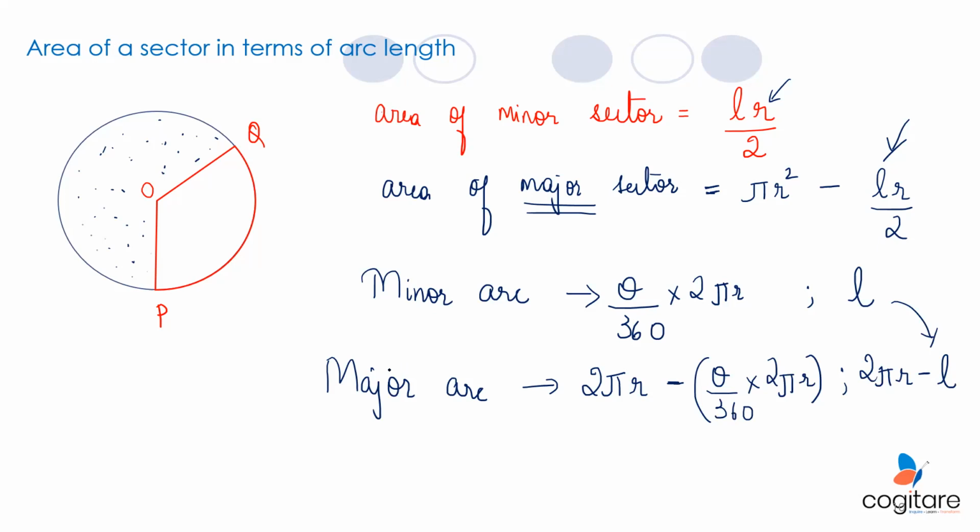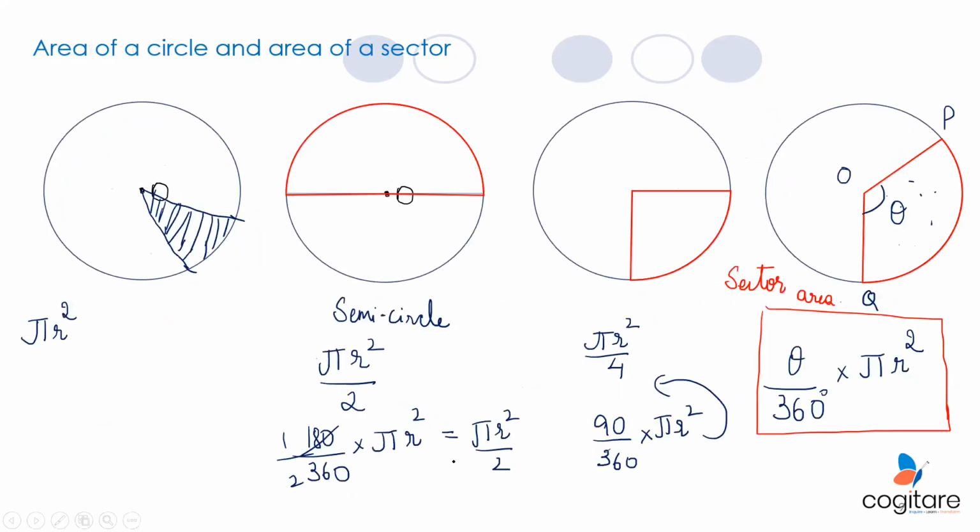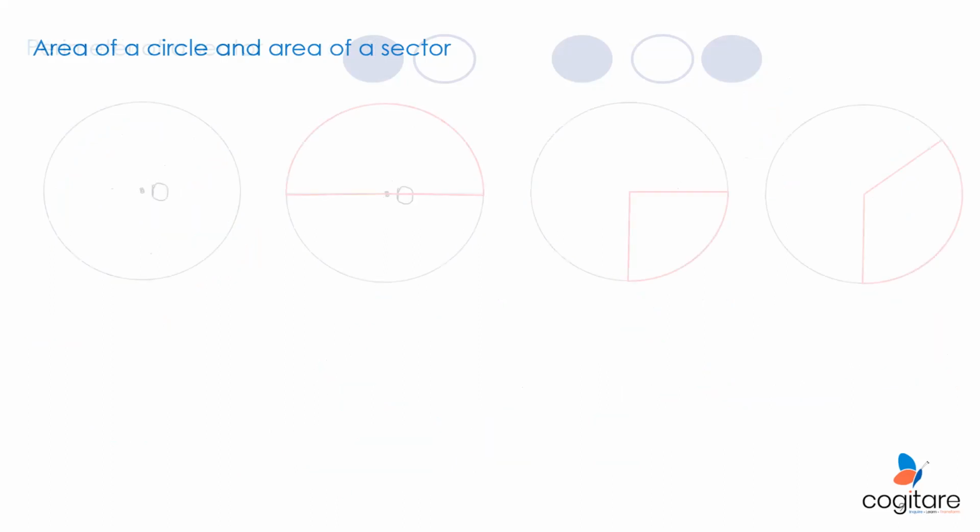Okay, and if you want to, just make the questions a bit more tricky, you could also be asked the perimeter of a minor sector or the perimeter of the major sector. Right, guys? I think, let me just trace back the perimeter of a sector.